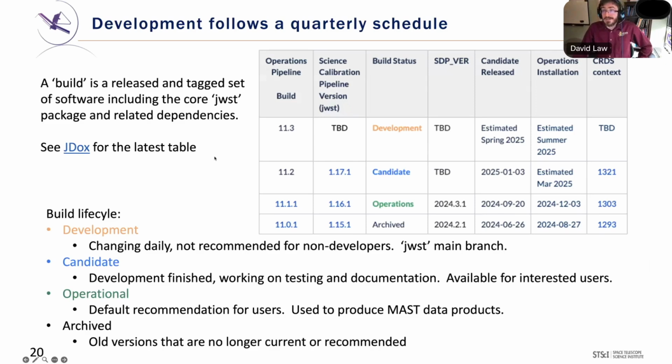This table, of course, updates regularly, and I put a link here to JDocs where you can find out what the latest table is at any given time. And it tells you what the mapping is between what I'm calling the pipeline build, or the high-level version number, the JWST software number associated with it, the CRDS context number, this is the version of the reference files that's associated with it, and roughly what the timeline has been.